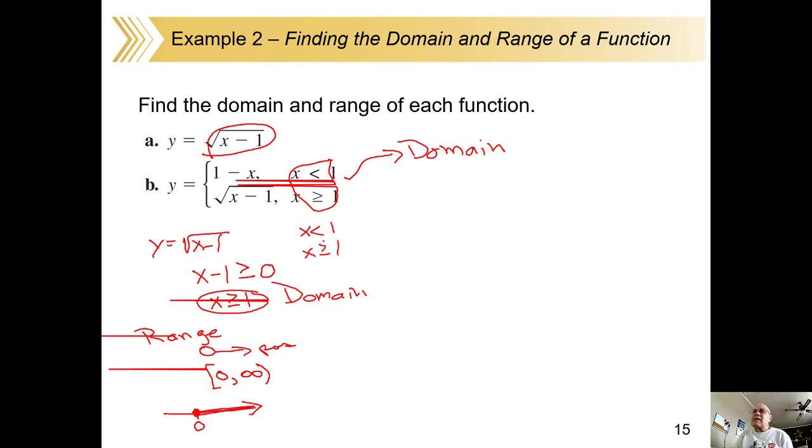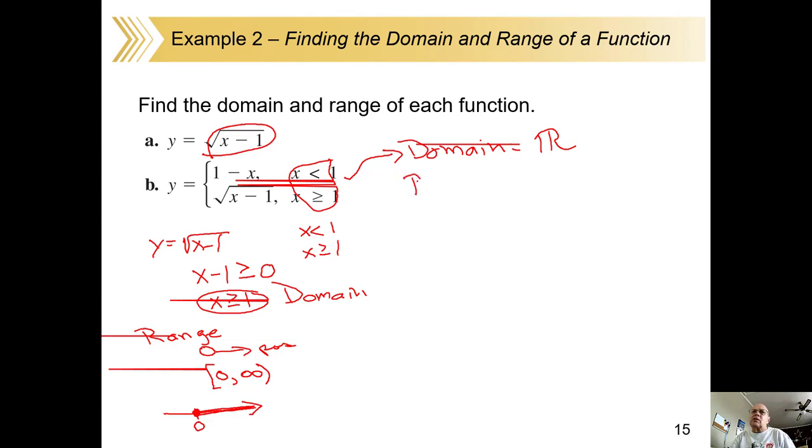This tells us which x's we can use. Well, that doesn't leave anything out. So the domain includes everything less than 1, and everything equal to 1, and everything greater than 1. That's everything. So up here, for the second function, we have all real numbers. You can write it out, or you can do it like this if you like.